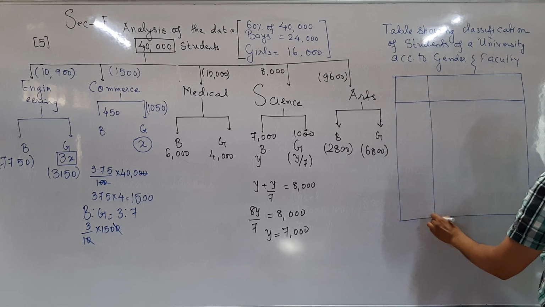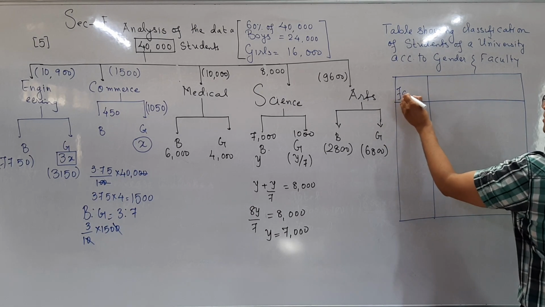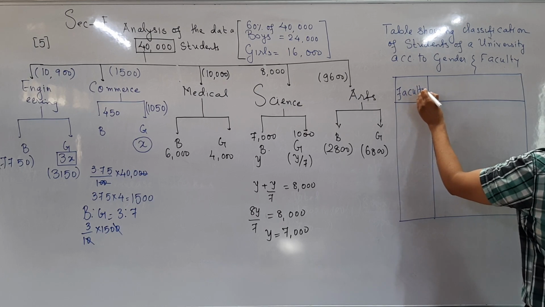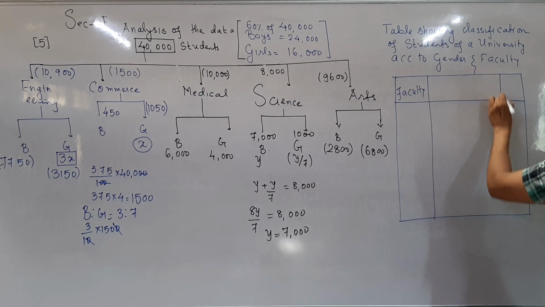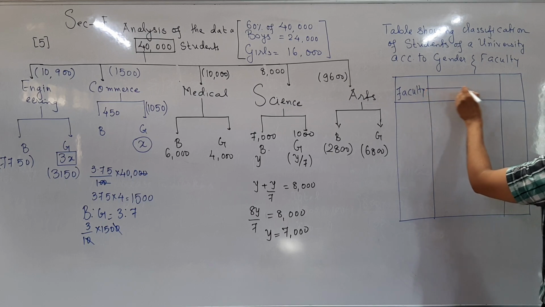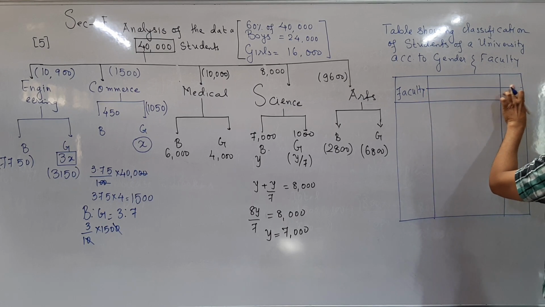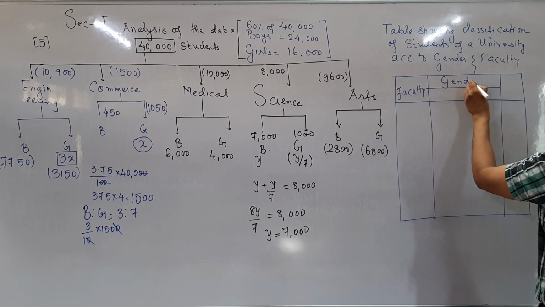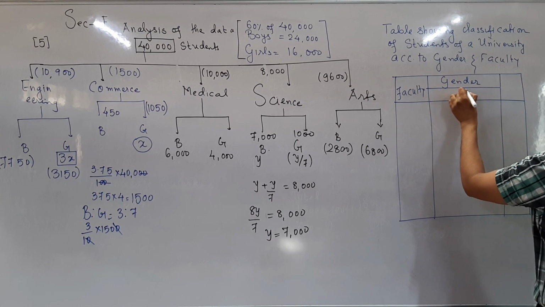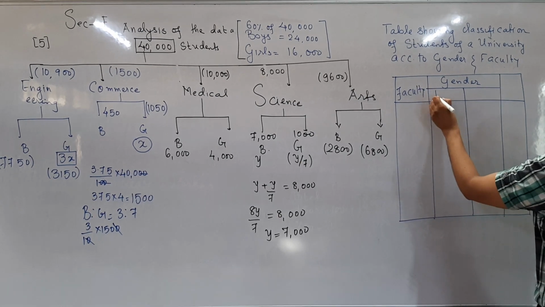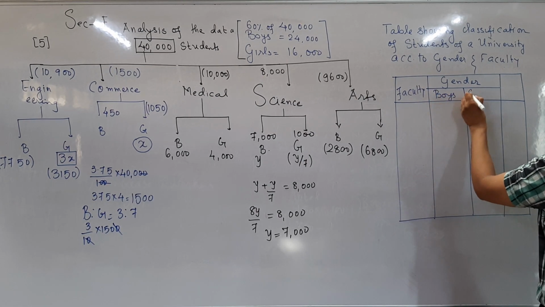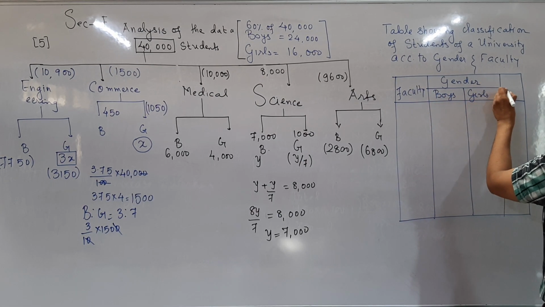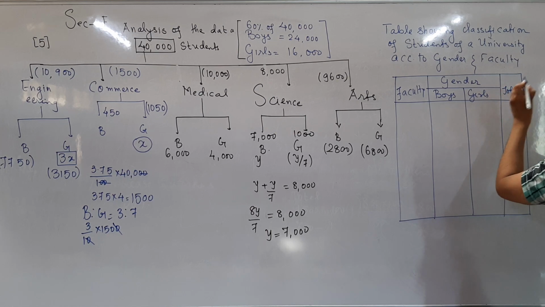So, the first column I make is faculty, then gender: boys, girls and total.